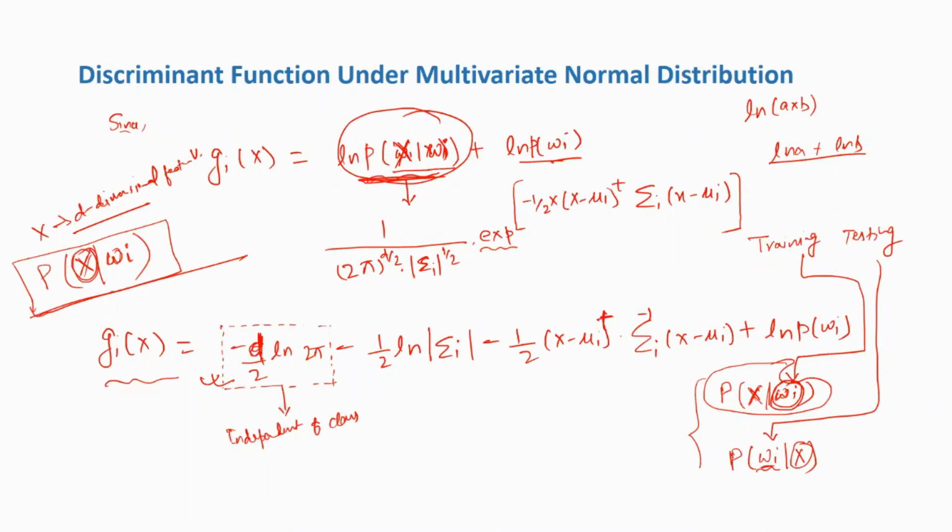For that, I am interested in finding the probability. When we have the probability of x and also the probability of classes, we can find this one also. This is fine according to the Bayes probability theorem. By using that, we can easily find that.